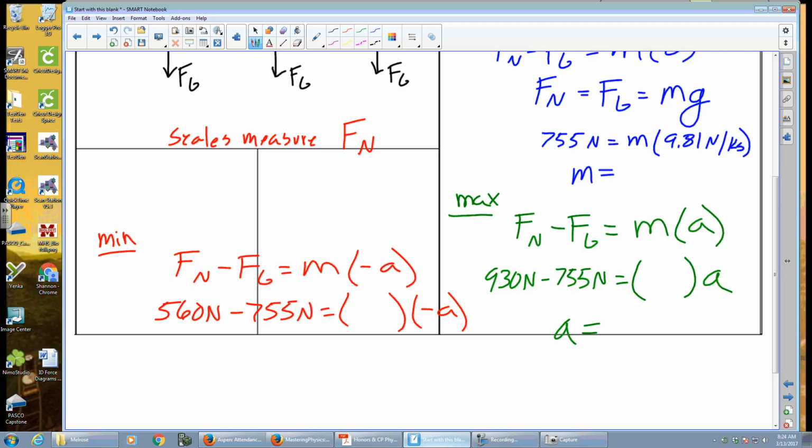Yep. So if the A wasn't negative, I'd have to have negative mass, and antimatter would not go well here on the ship. So luckily, I get a positive acceleration again. You see where you use the mass there?